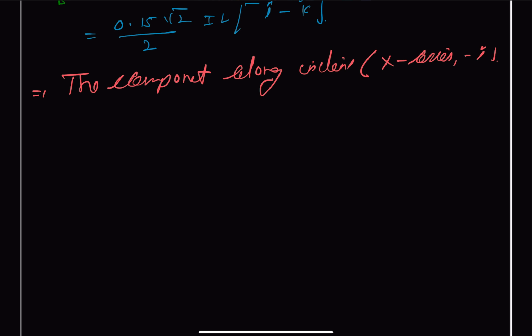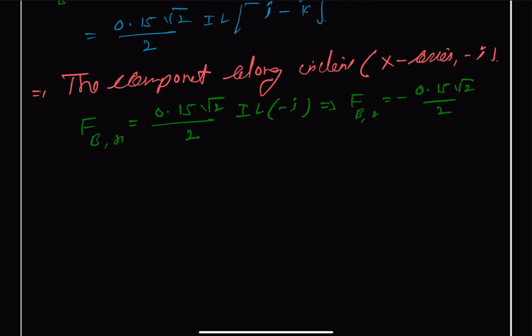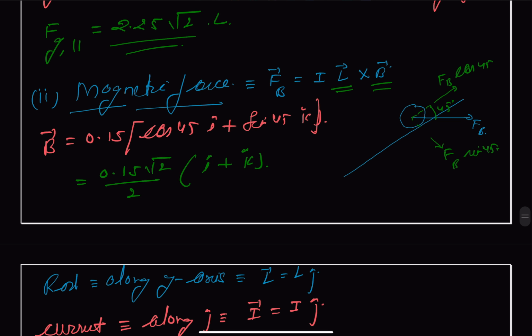Therefore we can write our magnetic force in x direction as minus 0.15 square root of 2 upon 2 times I times L. We are going to get the same with respect to the earlier approach also.